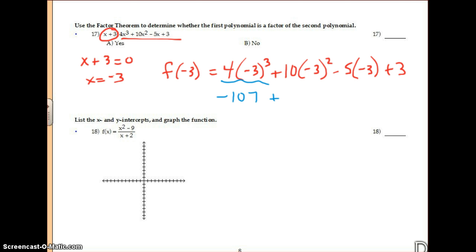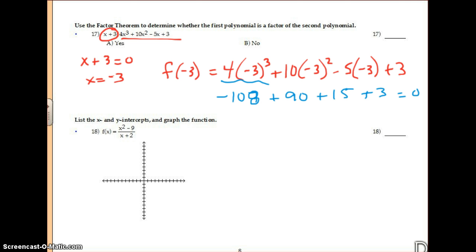Plus 10 times 9, which is 90, plus 15, plus 3 equals 0.